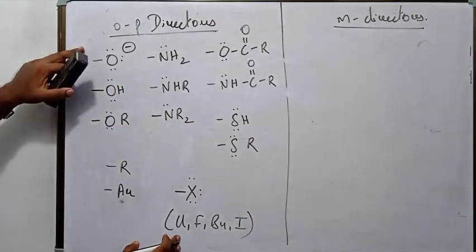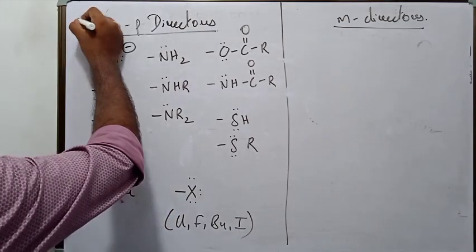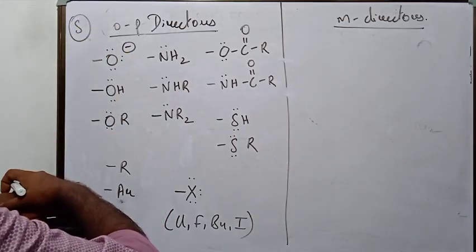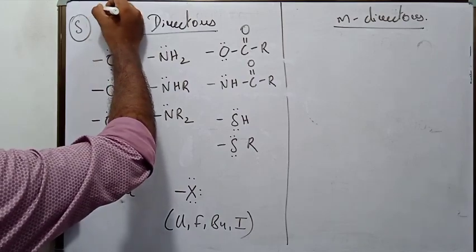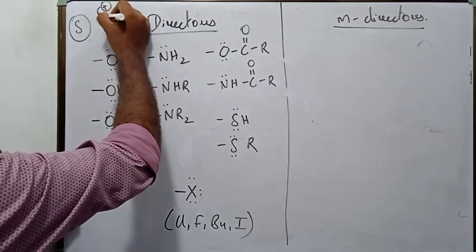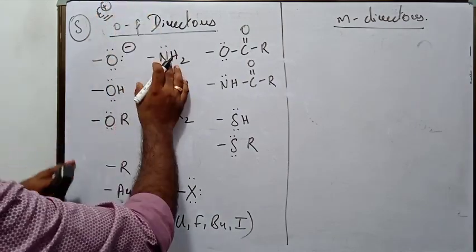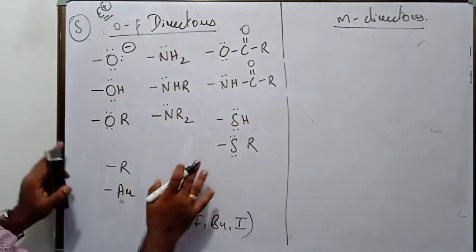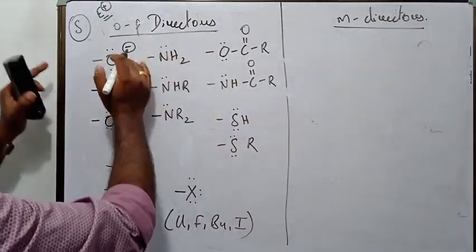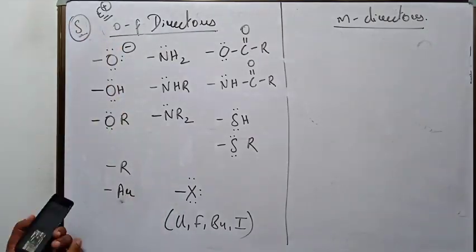If these groups are present as primary substituents, then the incoming electrophile would be directed to the ortho and para positions with respect to the primary substituent.